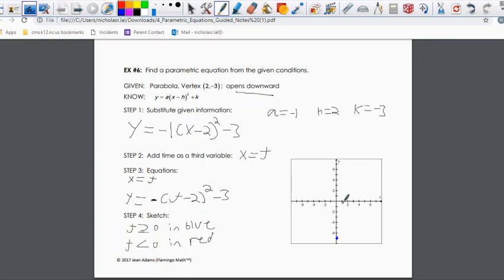Negative 1 minus 3 is going to be negative 4. Of 1, negative 4. 2 is just going to be negative 3. And then you would have 3, negative 4, 4, negative 7.